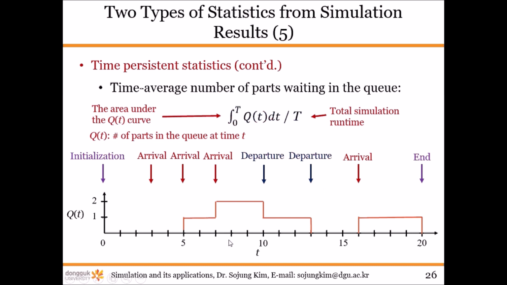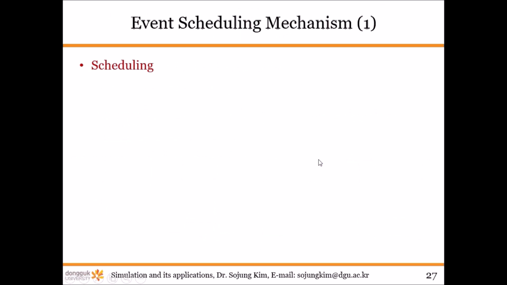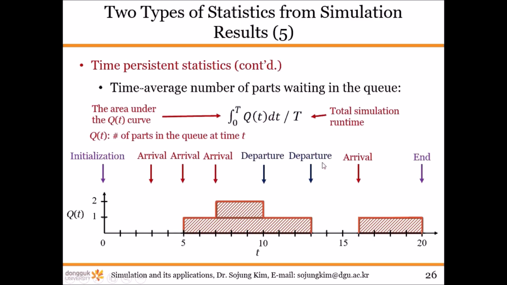So that's why we have this kind of shape, and by using this integral sign, we can calculate the total shaded area here, and then we can divide this shaded area by 20, which is the large capital T, so that you can calculate the time-average number of parts waiting in the queue.